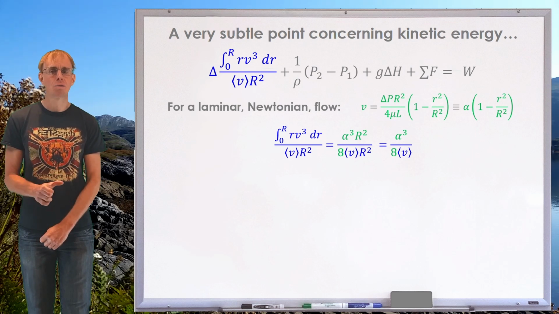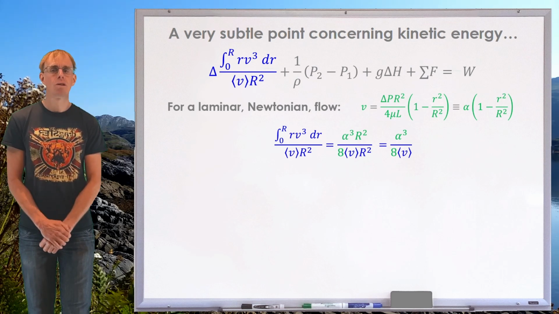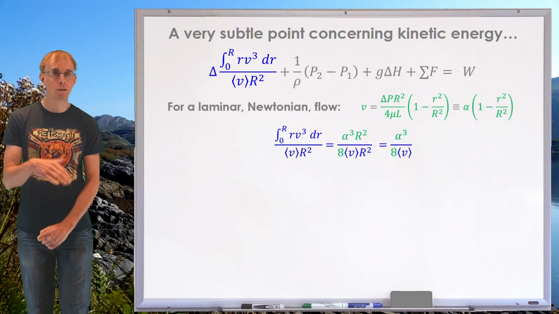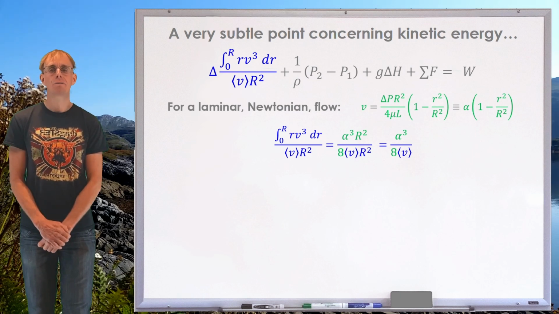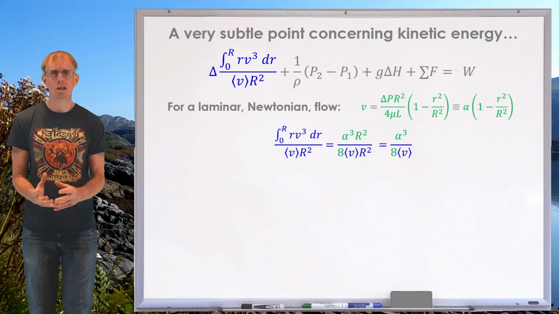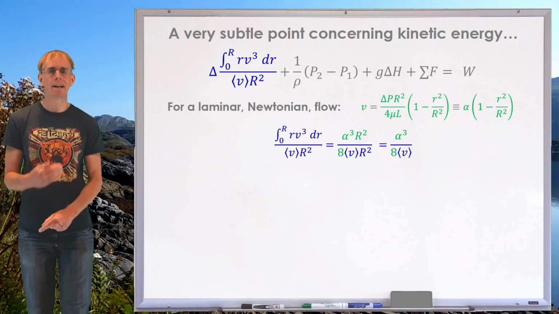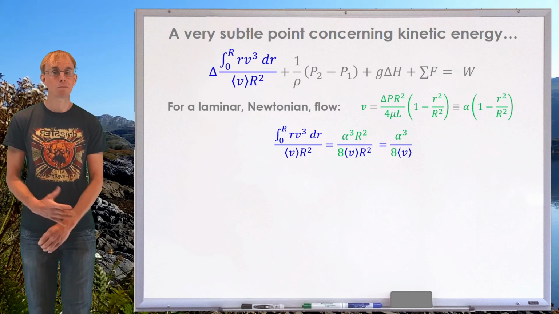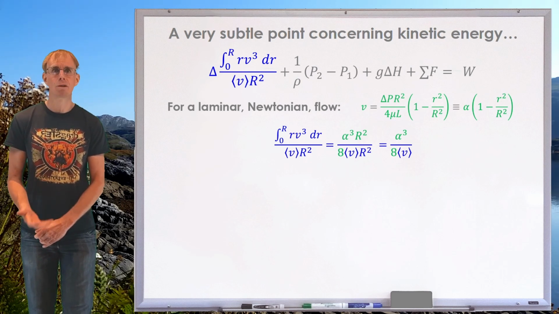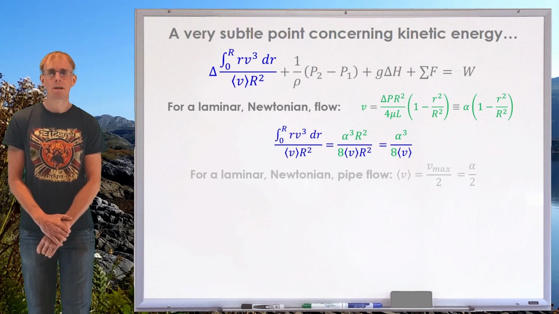Alpha cubed r squared over 8 is what results from that integral. And we still retain in the denominator v in pointy brackets r squared. So the kinetic energy term for a laminar Newtonian flow is actually alpha cubed over 8 divided by v in pointy brackets. And v in pointy brackets is simply the average velocity. It's q divided by a.